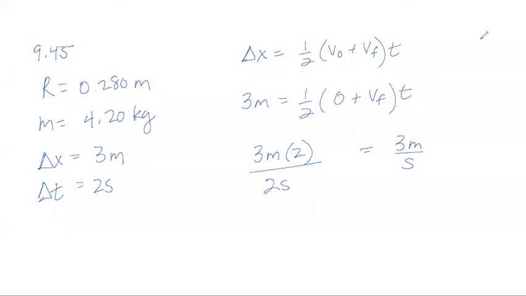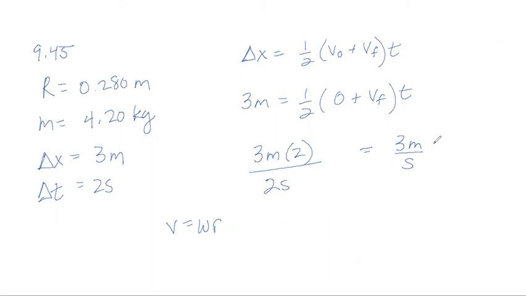Okay, with that in mind, I can solve for the omega of the wheel. So what do I know? I've got v equals omega r, and we've got omega is going to be equal to v over r.